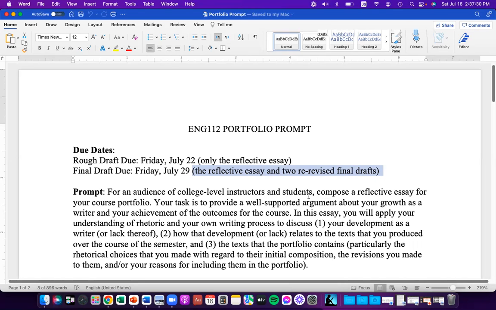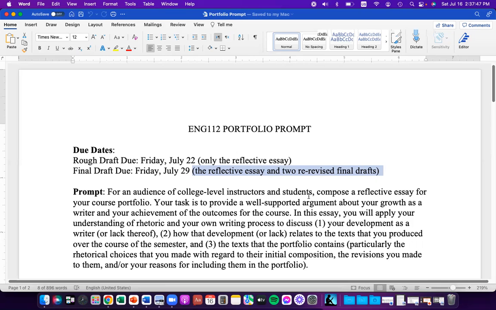Or maybe it was because you really struggled with time management for whatever reason. Maybe things happened with your family or at work, and you felt like that impacted your writing process.